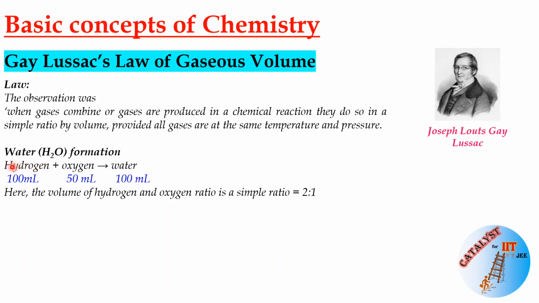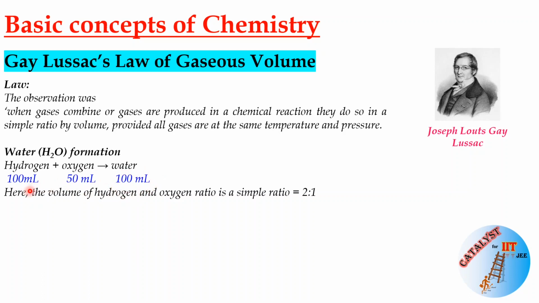Consider this water formation reaction from hydrogen and oxygen. What you observe is that these are gases, hydrogen and oxygen. When they produce a molecule in a chemical reaction, these two gases will have a simple ratio by volume. If you mix 100 ml of hydrogen with 50 ml of oxygen, you are going to get 100 ml of water.